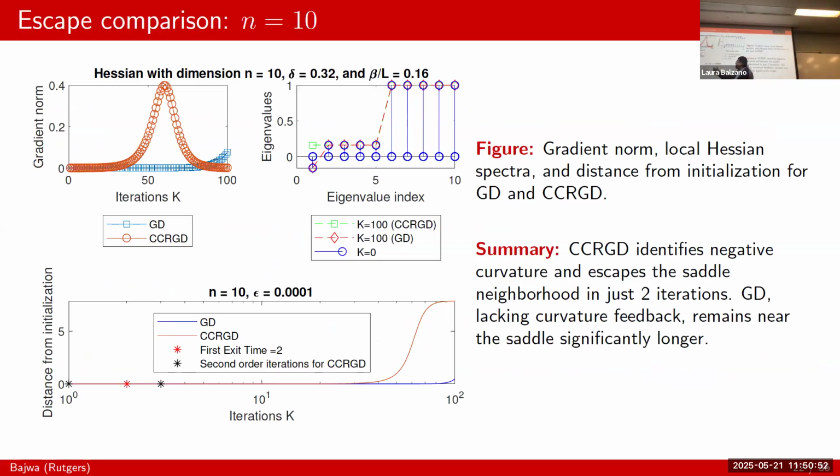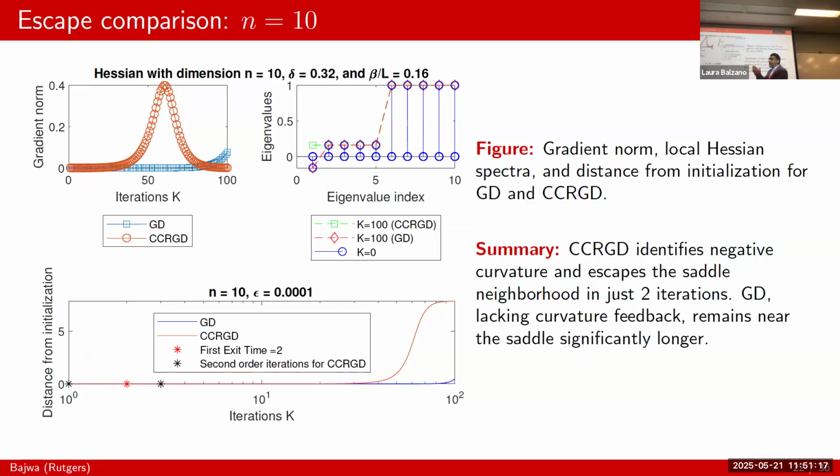This is a 10-dimensional problem. Over here are the eigenvalues of the Hessian at the point we are looking at. So at k equal to 0, you can see that there is one negative eigenvalue. And then we run CCRGD, which is our method, versus gradient descent by itself.